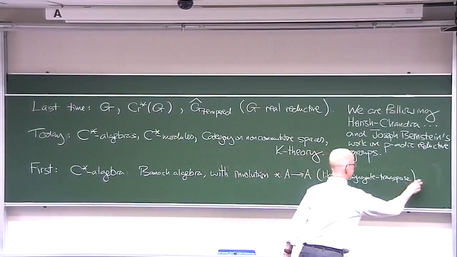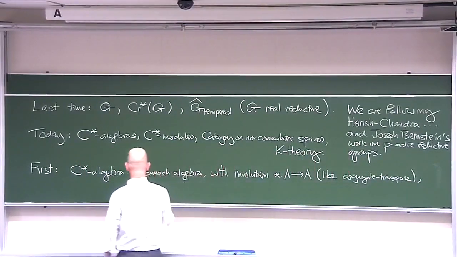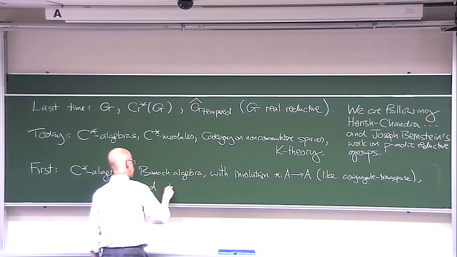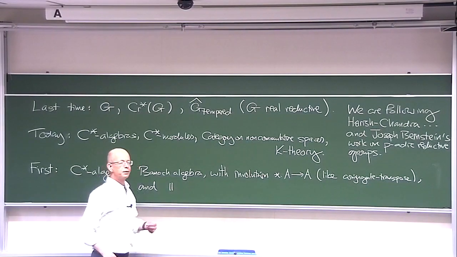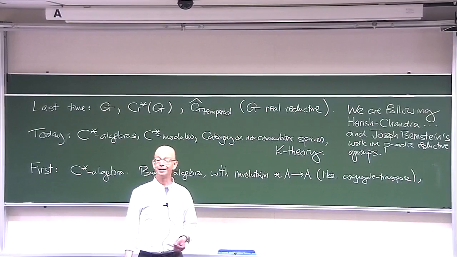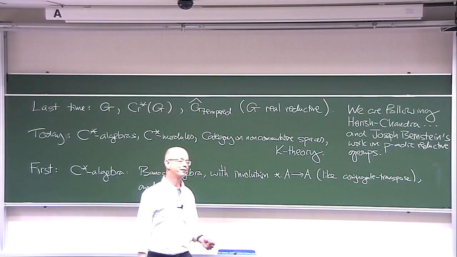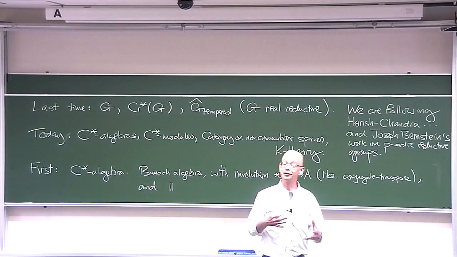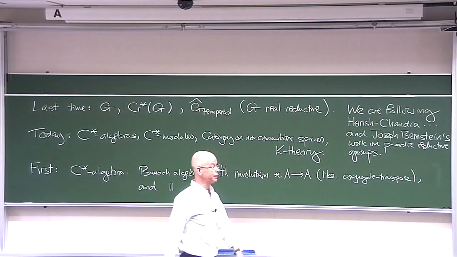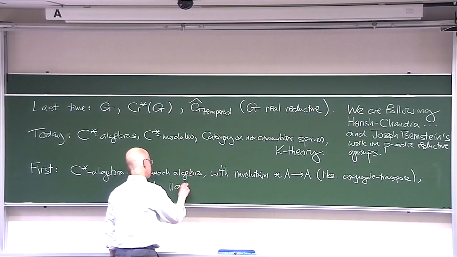And so people worried about C-star algebras back in the 1940s and the early 1950s, and they experimented with the axioms, and eventually they found that it all comes down to this rather beautiful formula.